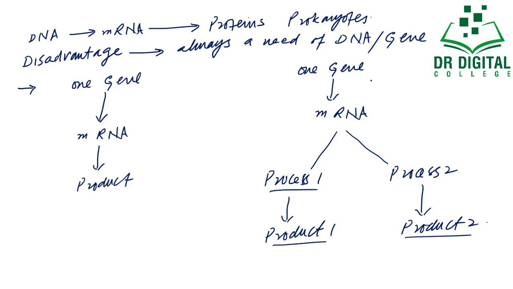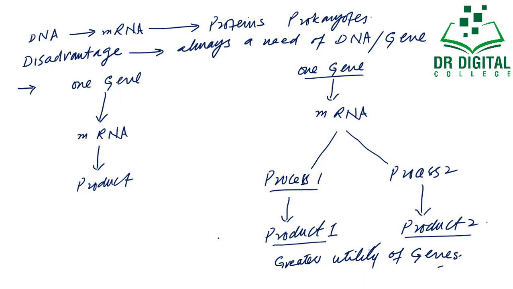So we can say the total number of products which can be encoded by the genes are more than the total number of genes. So in eukaryotes there is greater utility of genes. Genes are utilized in a greater way, in a more versatile way.